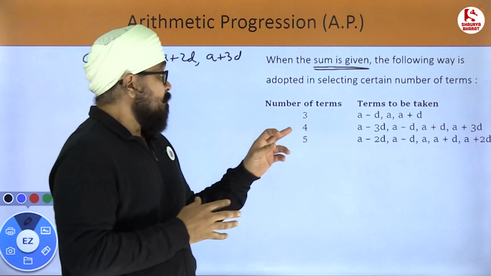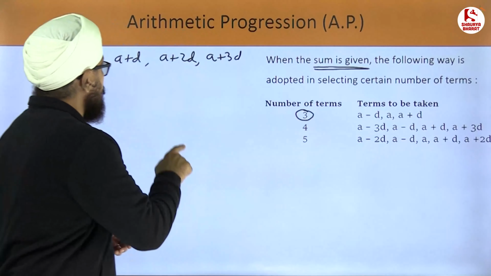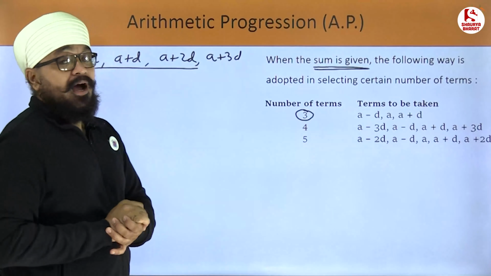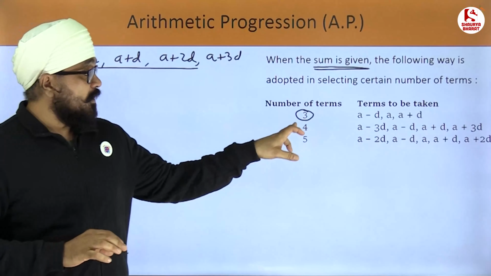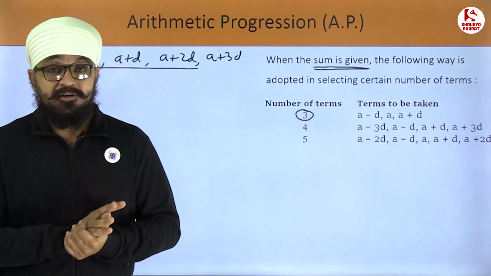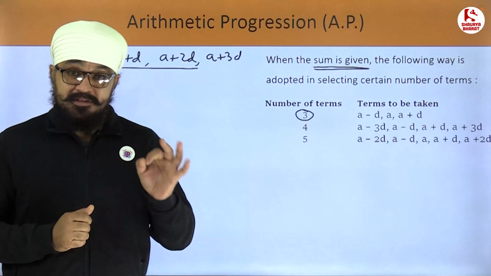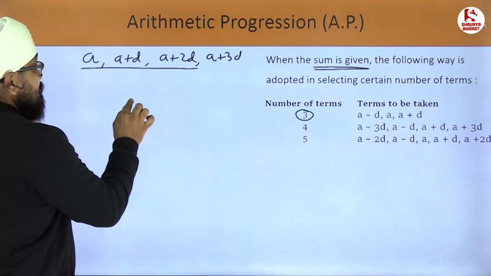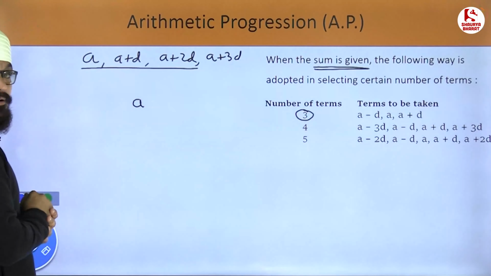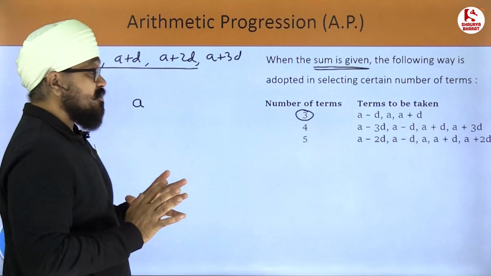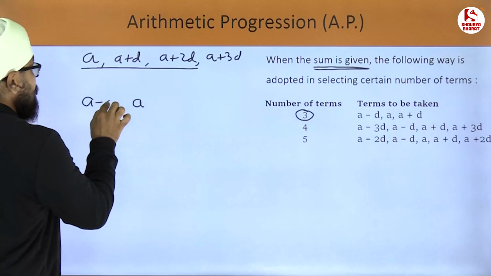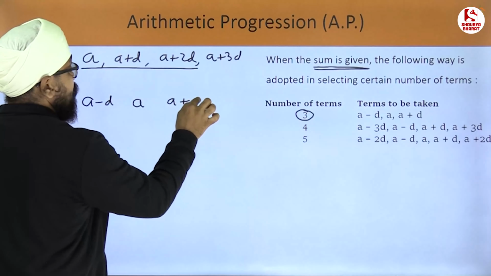If I want to take 3 numbers, instead of these 3 numbers, I should take this type of 3 numbers. Why? When the sum is given, at least we should get the answer of one of the variables in the first step. So, in that case, I will take A in the middle and a common difference of D. It will be A minus D, A, and A plus D.